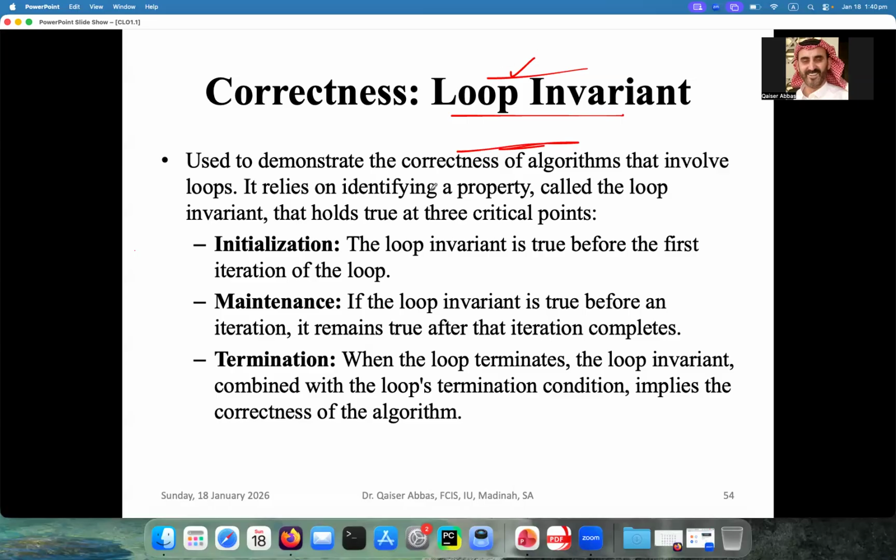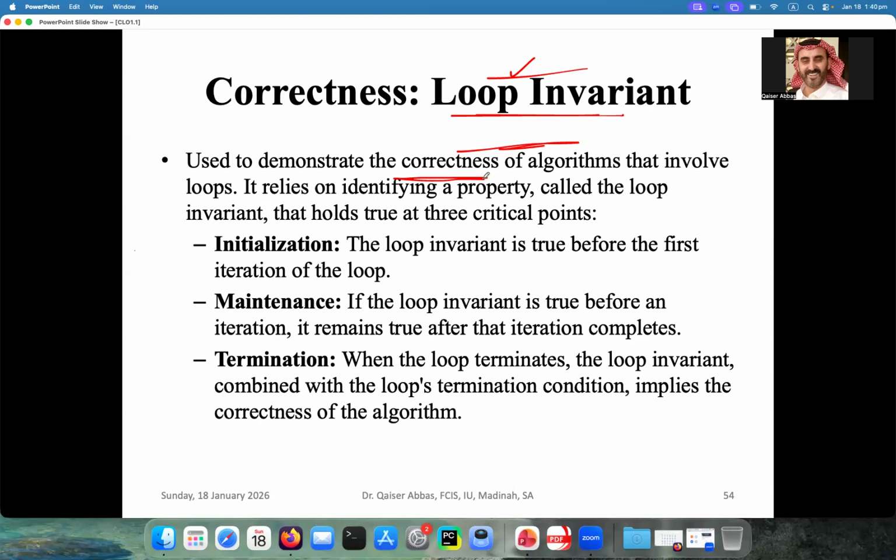It relies on identifying a property. When an algorithm is given to you and you have to use loop invariant, initially you have to form a theory. You have to build a statement first, and that statement will be called a property.